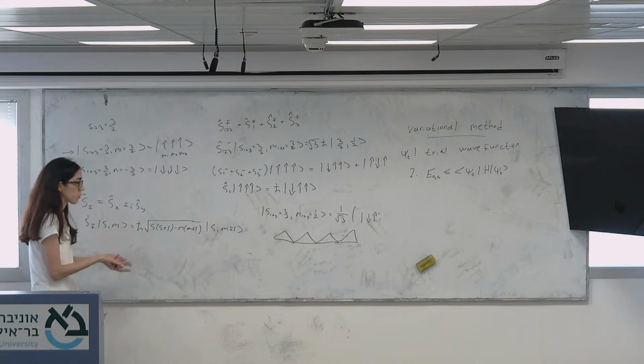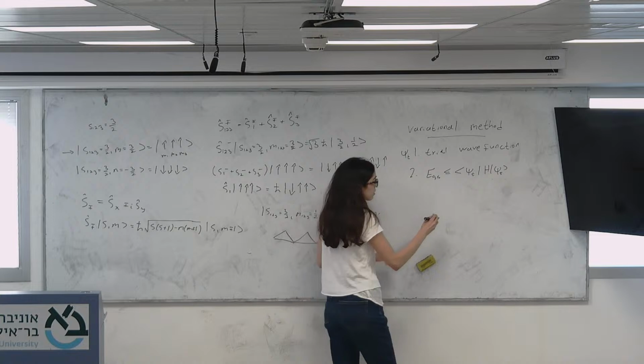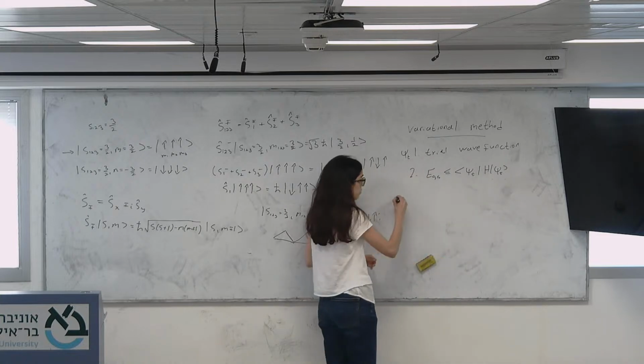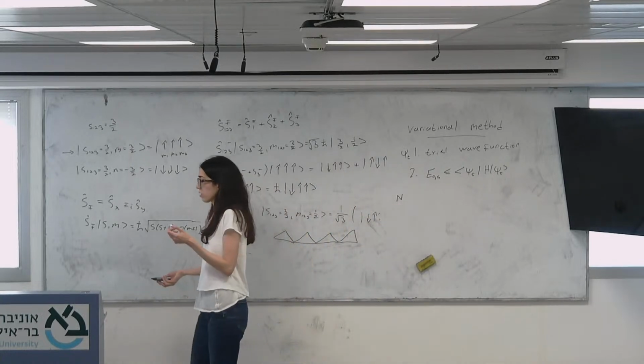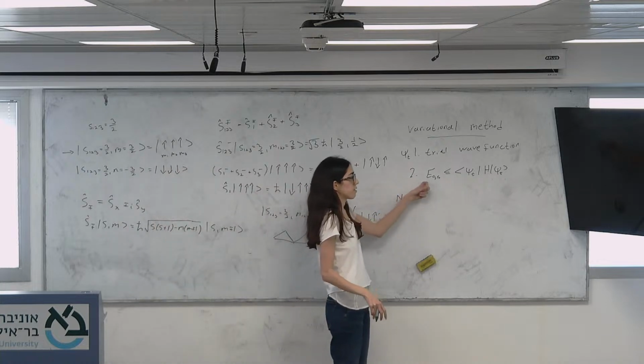So what you're going to need to prove is that the number of triangles, which is going to be n, multiplied by the ground state energy of one triangle is larger than the actual ground state of the system.